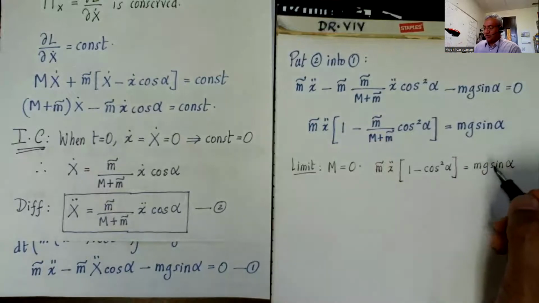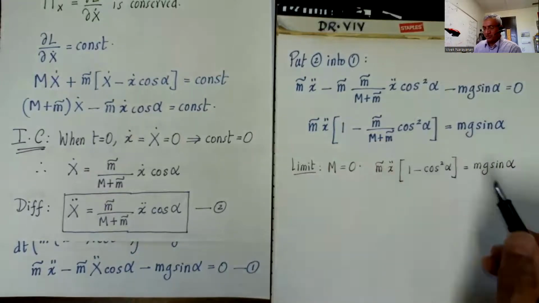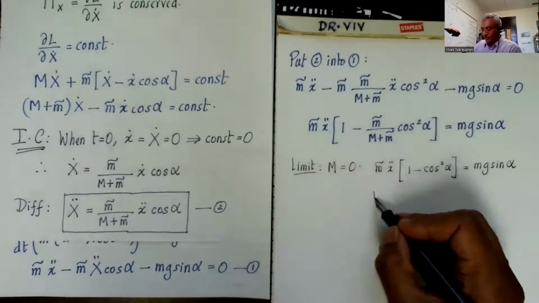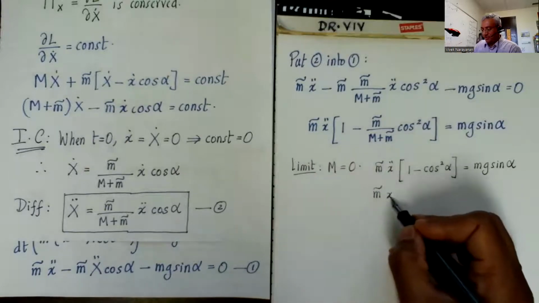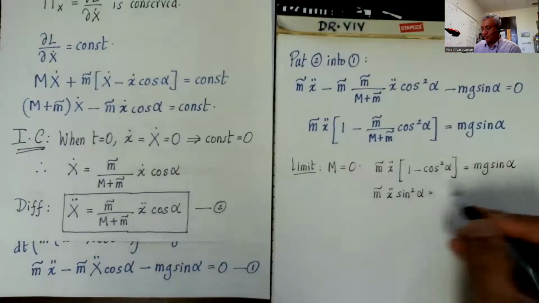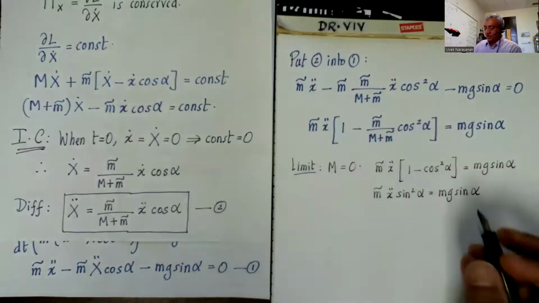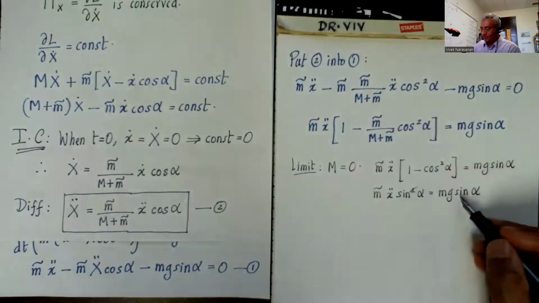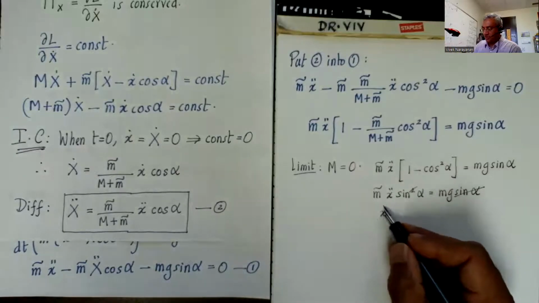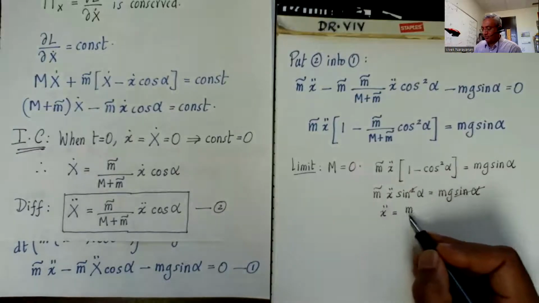So even in this limit, there are surprises. I'm going to get m tilde x double dot sine squared alpha equals mg sine alpha. One of the sine alpha factors cancels out, and so I'm going to get x double dot equals m over m tilde.